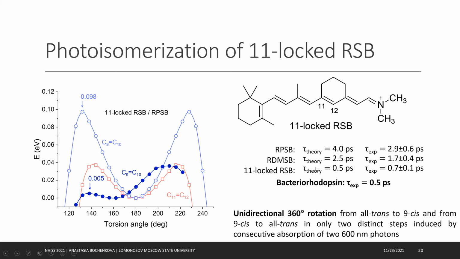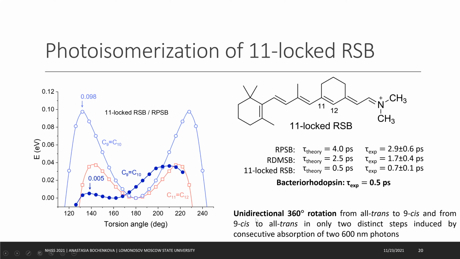Interestingly, we can of course calculate the time scales and compare to the experiment, and again we see that our statistical predictions are in quite good agreement with what we find experimentally. Interestingly, the time scale for this photoisomerization is now very close to what we find in the bacterial rhodopsin. So it seems that it's very easy to tailor the photophysical and photochemical properties of the retinol by making smart modifications.